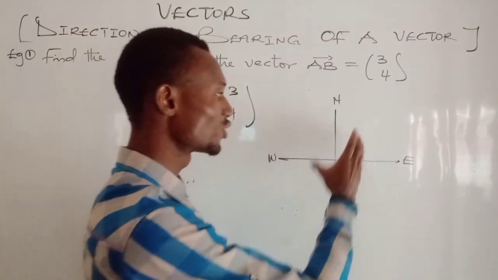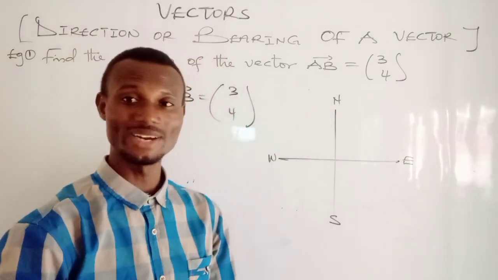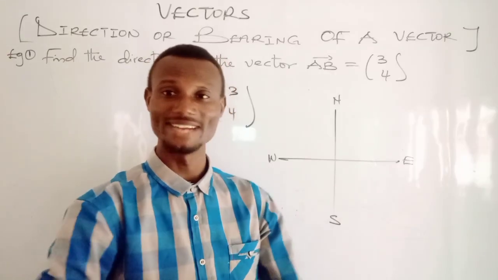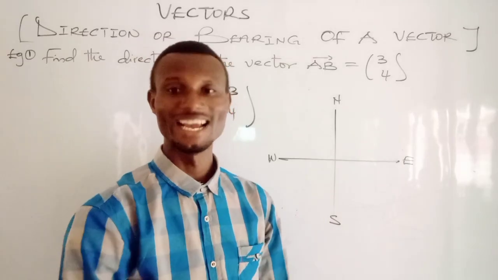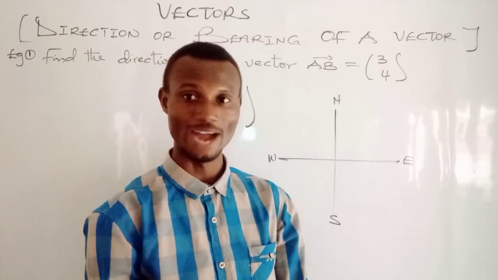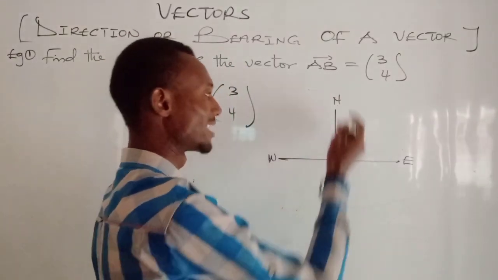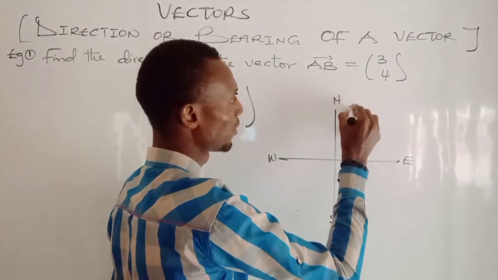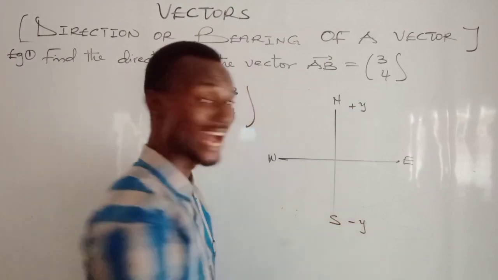We are going to consider the cardinal point as our Cartesian plane. You know the Cartesian plane, we have the y-axis and the x-axis. The vertical line is always the y-axis and the horizontal line is always the x-axis. I hope you know that. So we are going to consider this vertical line as the y-axis. This is going to be my positive y-axis, this is going to be my negative y-axis.